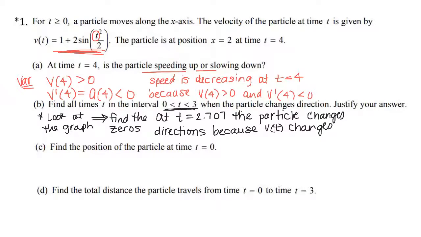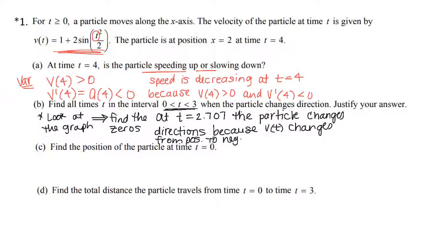It changes from what to what? Positive to a negative. All right. So because v of t changes from positive to negative, is that what y'all are saying? Okay. Positive to negative. You don't have to put the word at. It looks like that's okay.